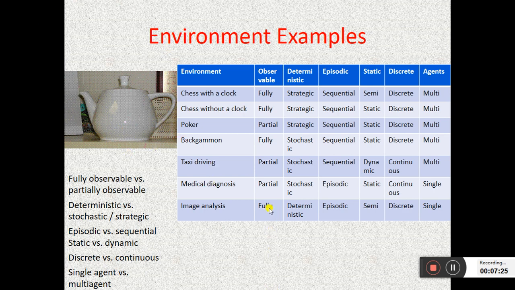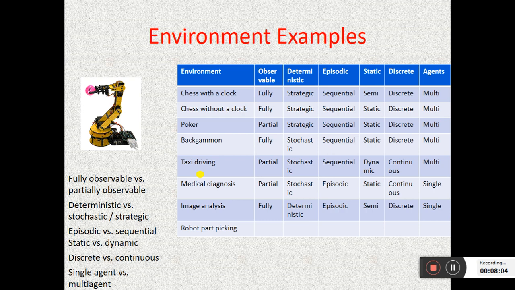As you can see, this is fully observable, this is deterministic, yes, this is deterministic, this is episodic, this is semi-static, this is discrete, yes, this is discrete, and here you have to observe only one agent. So these are the different properties of this environment that you are looking at in the picture.